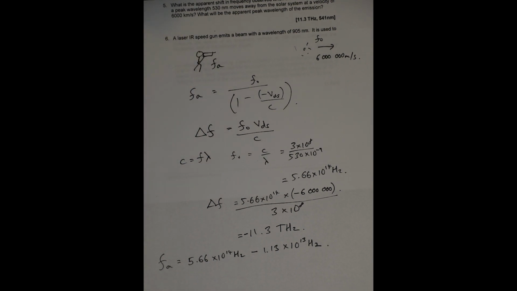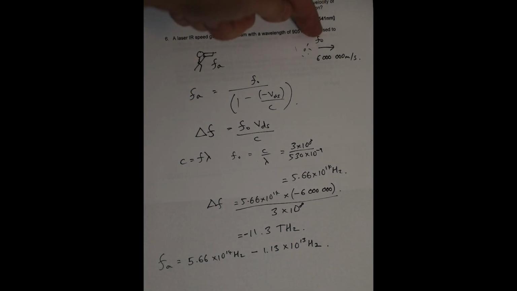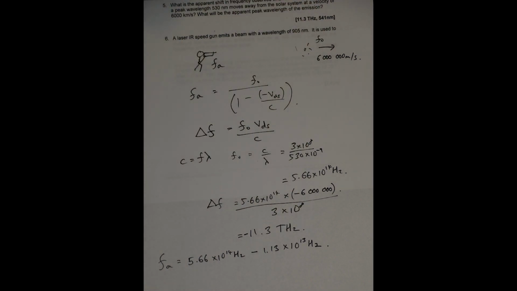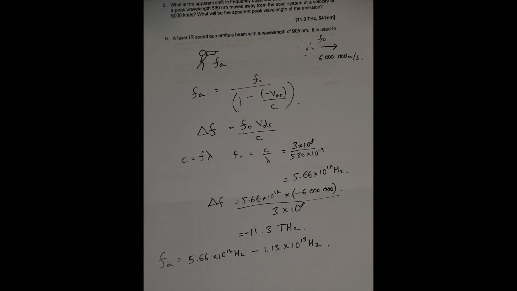We're just going to be working backwards to work out what the apparent frequency here is for the observer, because it's going to be equal to the original frequency minus this frequency shift here. Okay, so the frequency is going to be lower because it's moving away, it's moving more into the red region of the spectrum, so we need to subtract this frequency shift here from this initial value here.